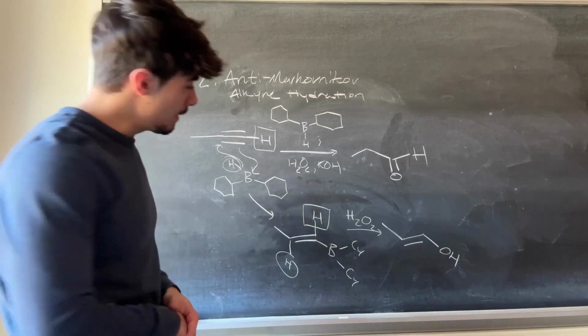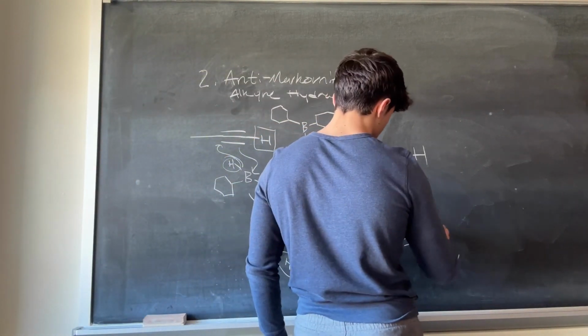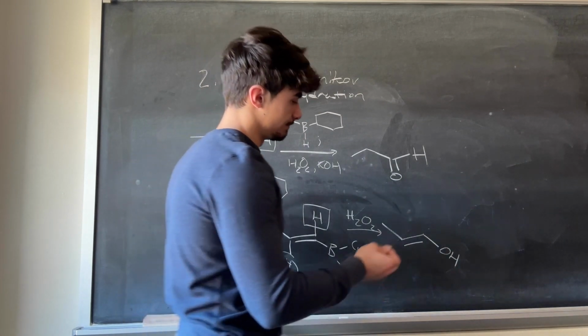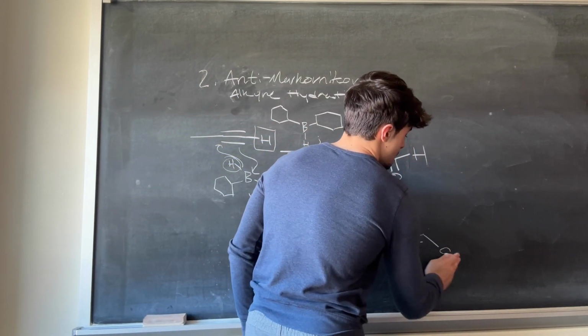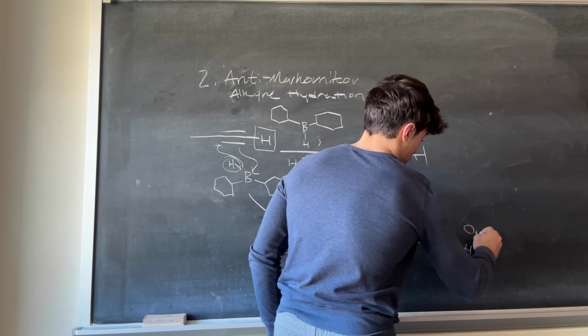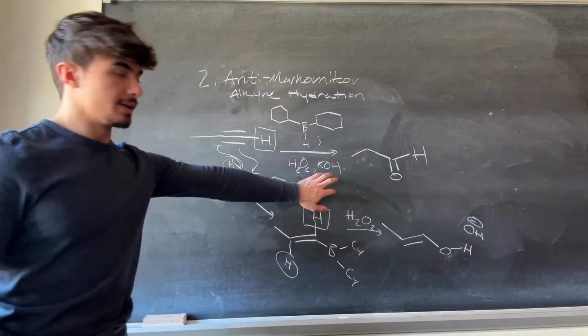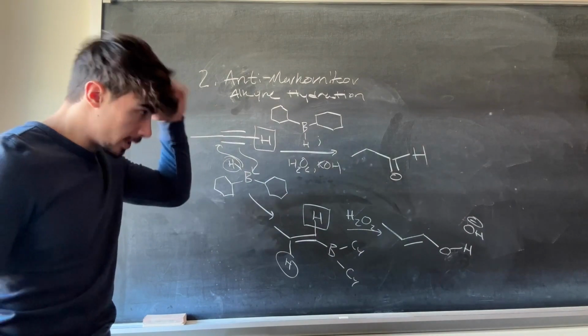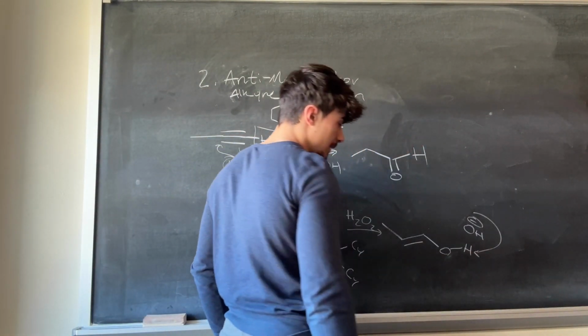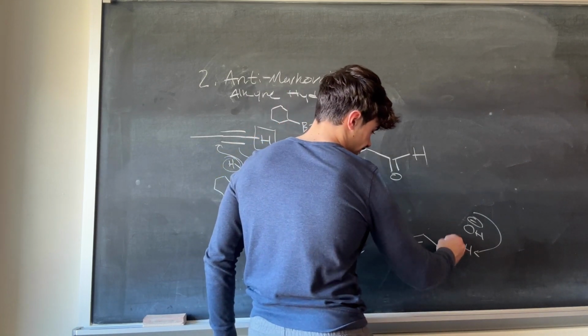Okay. Now what we're doing is tautomerizing. But we're going to tautomerize now in basic conditions, because we're in KOH. So just use whatever is based on the reagents you have. So that would deprotonate that H, the most acidic proton.